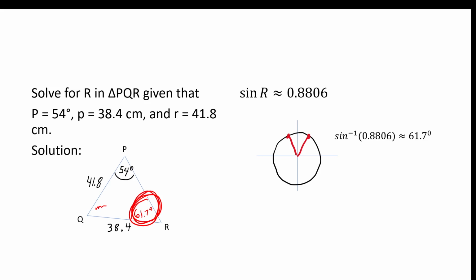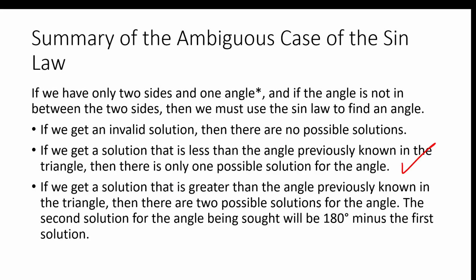So when we found ourselves an angle that was bigger than the one we already knew, 54, but we found the angle 61.7, that told us we're going to get a second possible answer, 118.3, which was also valid. Okay, so there's different ways people remember those, but that's the gist of it.